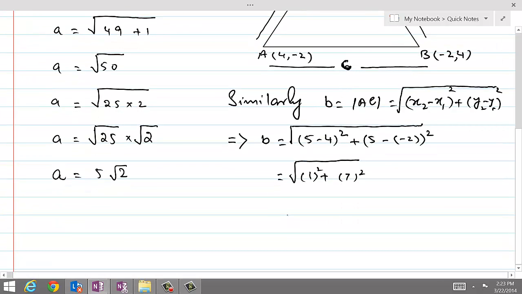So let's put down the value here. This will be equal to 5 times root 2 again.